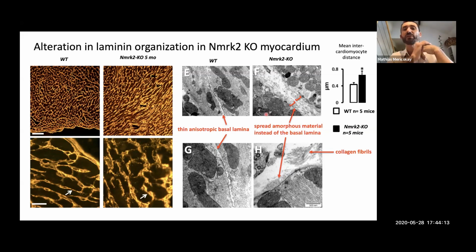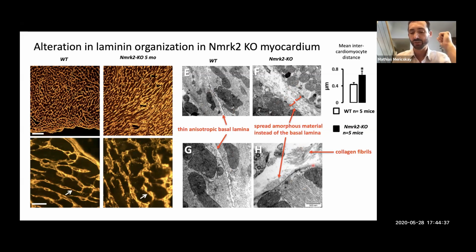And the electron microscopy analysis actually confirmed this impression, where you have this thin, well-organized basal lamina in the wild-type myocardium, and in many places between the cardiomyocytes in the KO myocardium, you have enlarged space and amorphous material instead of a real basal lamina. And this is accompanied by collagen fibers.